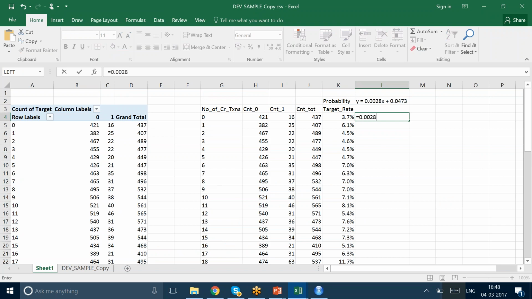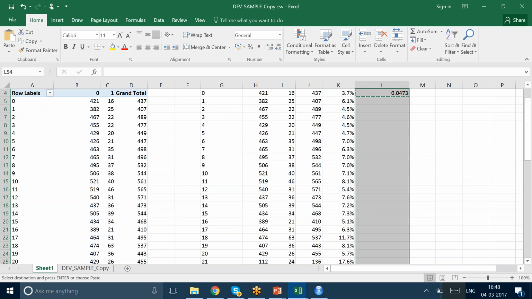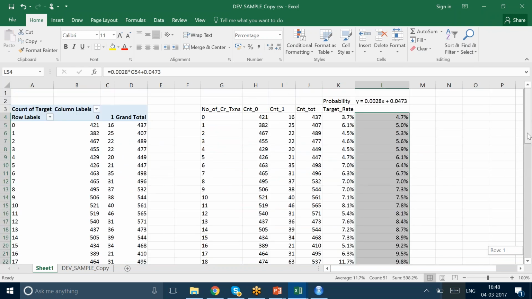With this y, if I do the calculation, 0.0028 multiplied by x plus 0.0473. This is the model that we have got.